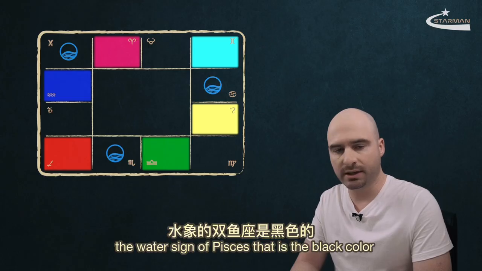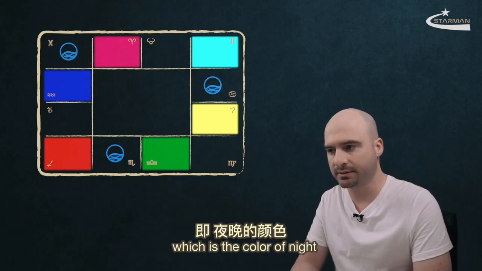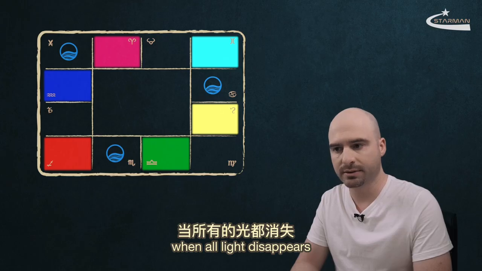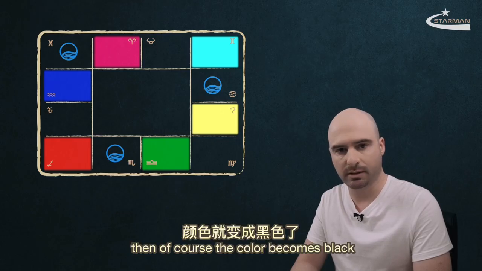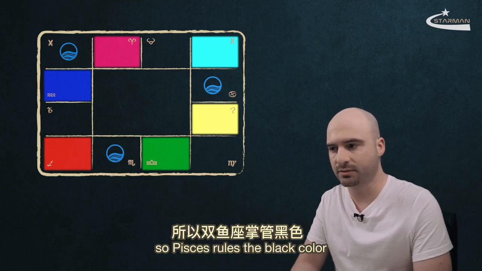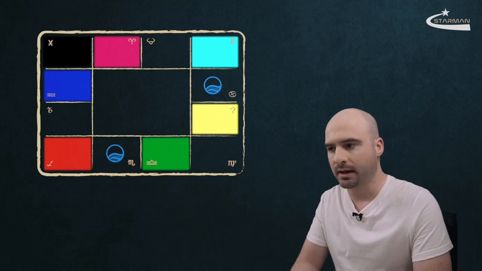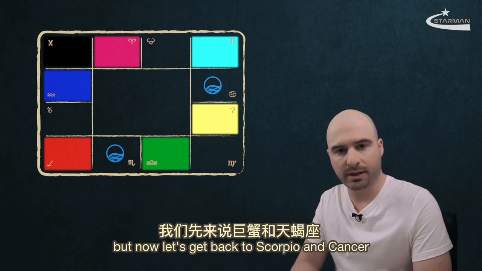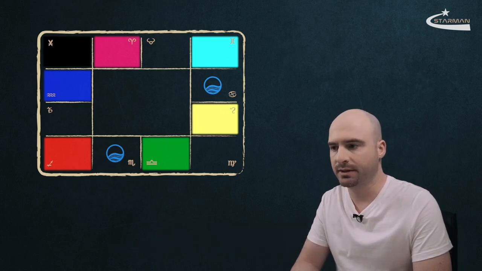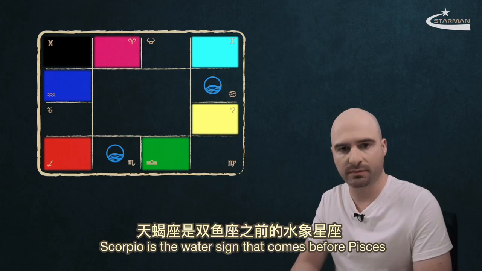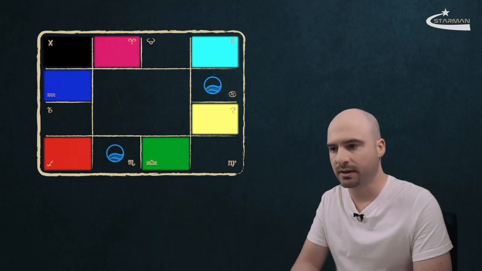Now, the water sign of Pisces, that is the black color, which is the color of night, right? When all light disappears, then of course the color becomes black, and so Pisces rules the black color. But now let's get back to Scorpio and Cancer, right? Scorpio is the water sign that comes before Pisces.